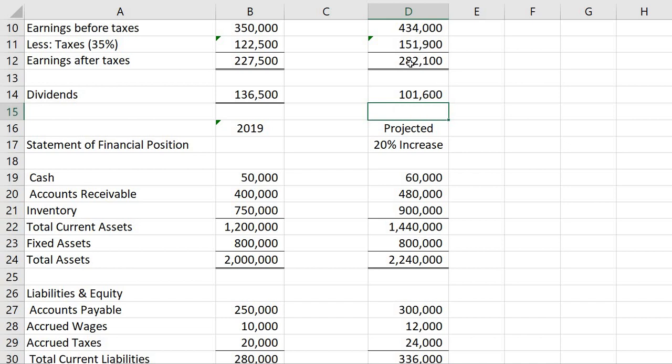So, out of the 282,100 na earnings after taxes, only 101,600 were given out as dividends. So that, yung natira, yung 282,100 minus 101,600, yung 180,500, niretain siya doon sa corporation.